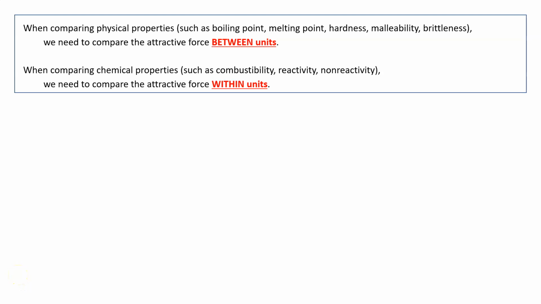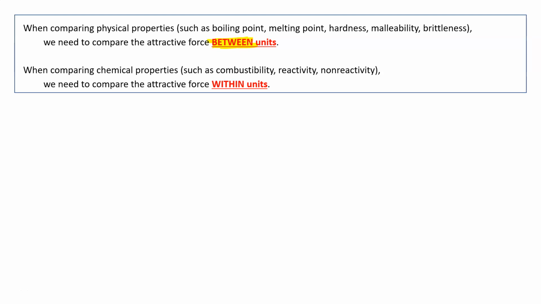All right, class, continuing our notes on types of bonds. When we're comparing physical properties like boiling point, melting point, hardness, malleability, brittleness, we need to compare the attractive forces between the units, because we're talking about a physical property.